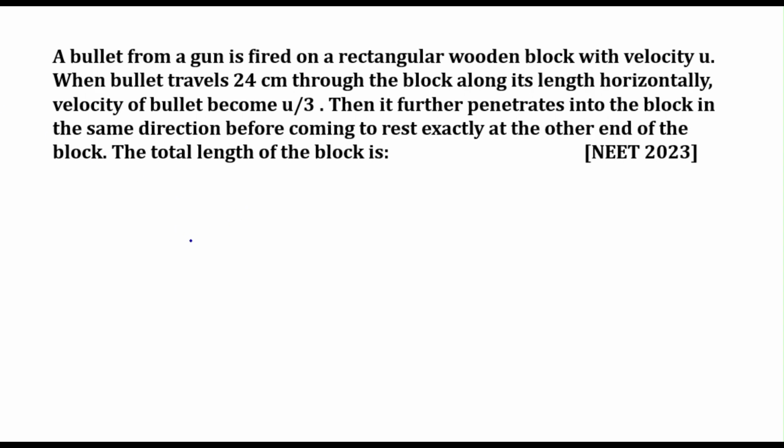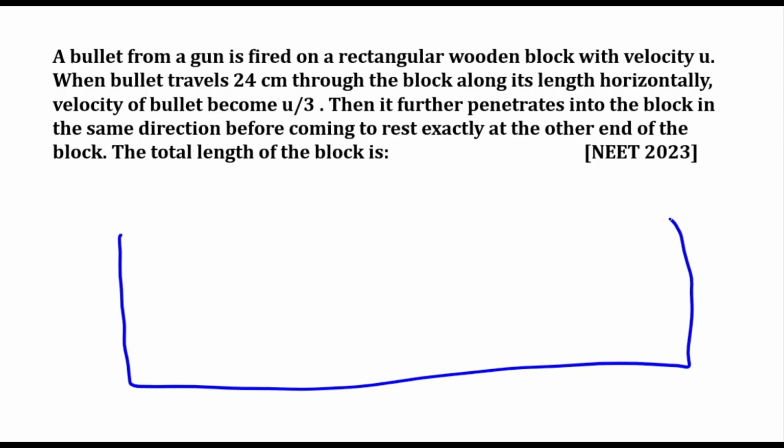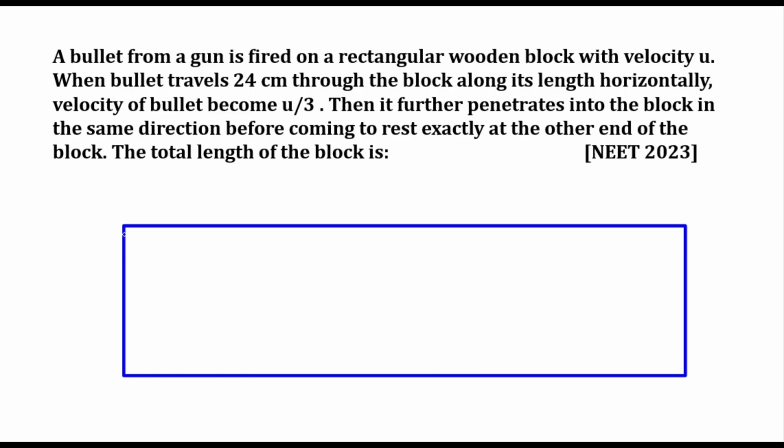Okay, let me draw it for you. What is happening here? Let's say this is the block, a rectangular wooden block, and this is the bullet here. It just enters here, and consider it to be a point mass.